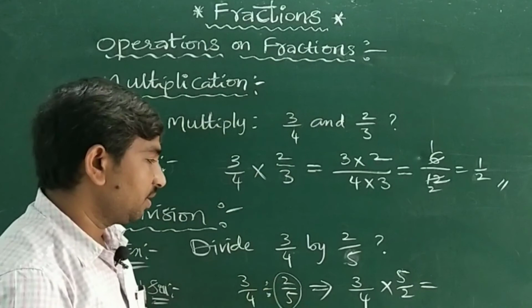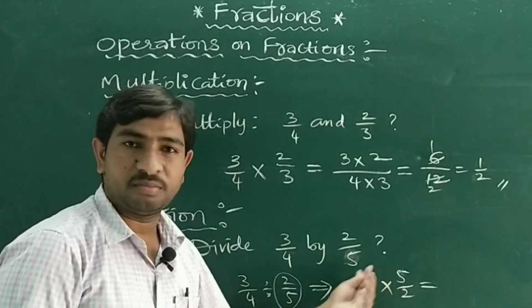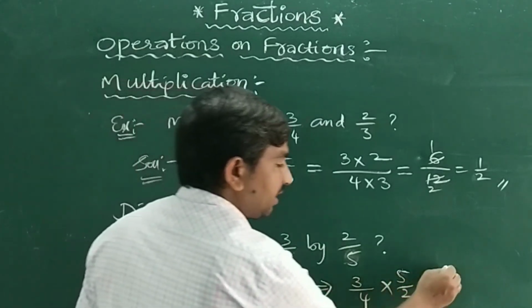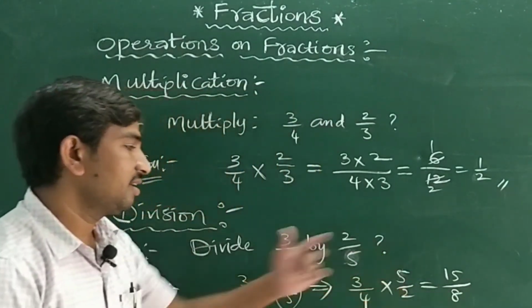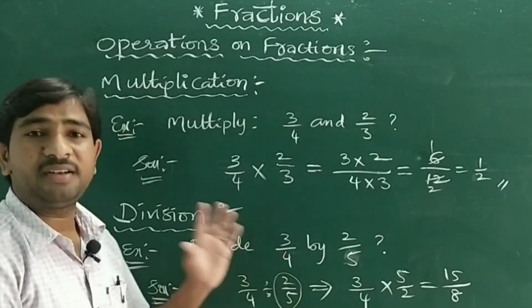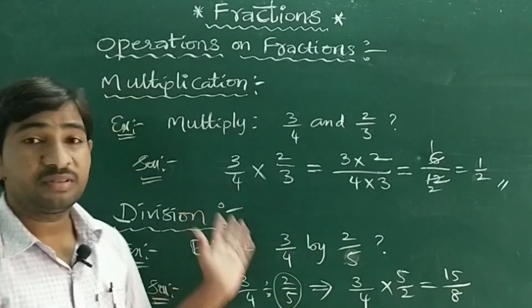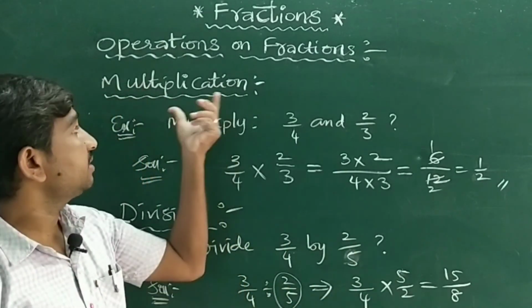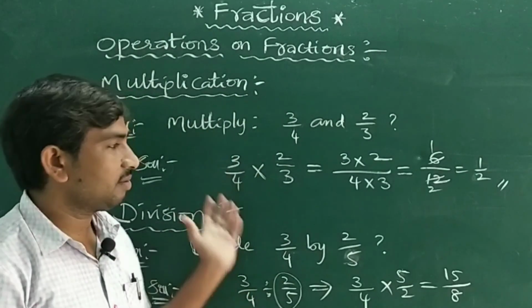This is the most important step, and the operation converts into multiplication, right. So 3 fives are 15 by 4 twos are 8. This is the division of fractions. For any fractions you can choose this method for division. So the operations on fractions, addition, subtraction, multiplication and division, are completed.